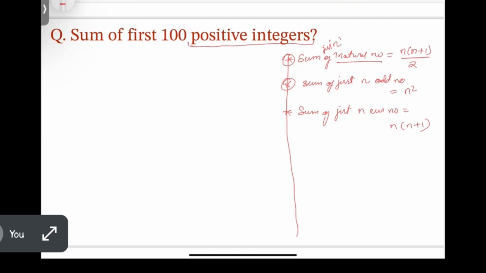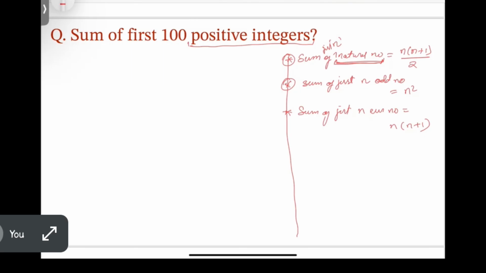Integer means there are positive and negative integers. Plus 1 is a positive integer, minus 1 is a negative integer. But when we talk about natural numbers, we mean only counting numbers. Why? Because minus 1 is not a natural number. We don't count minus 1, minus 2, like that. So the simplest definition of a natural number is all the counting numbers.